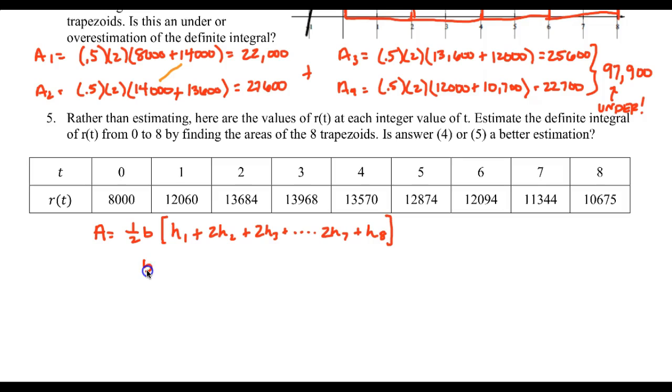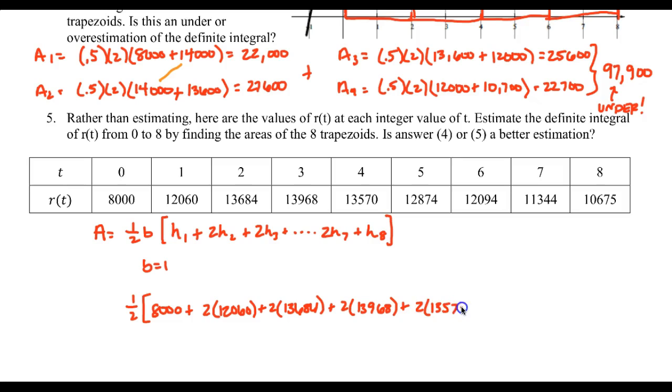Now remember that your base is 1. Okay? So I end up with 1/2 times 8,000 plus 2 times 13,684. And you can do this along with me as I go through. Hopefully I don't make any mistakes here.